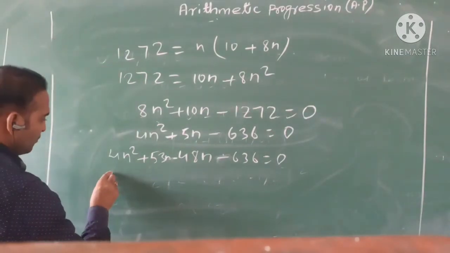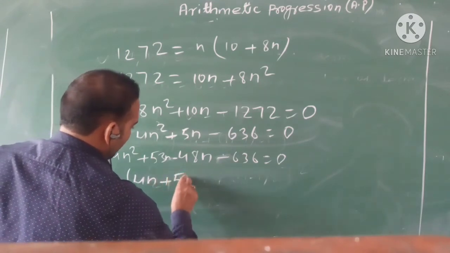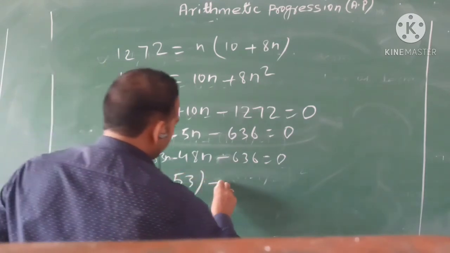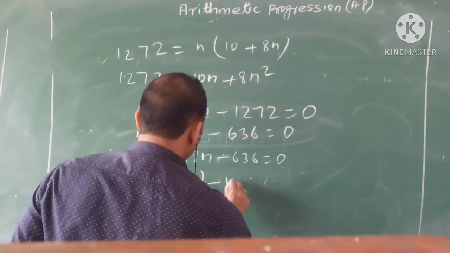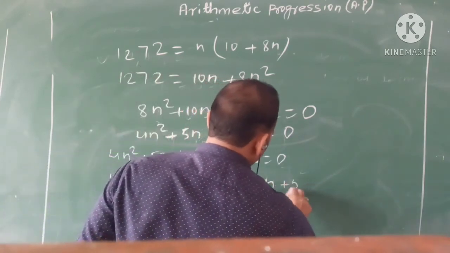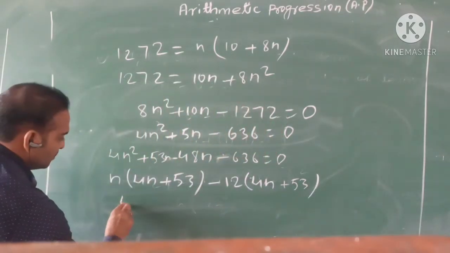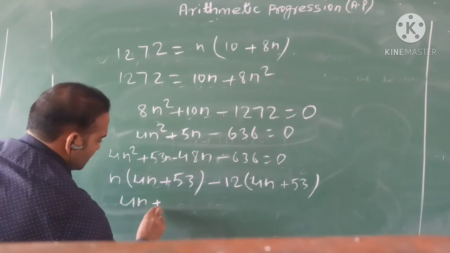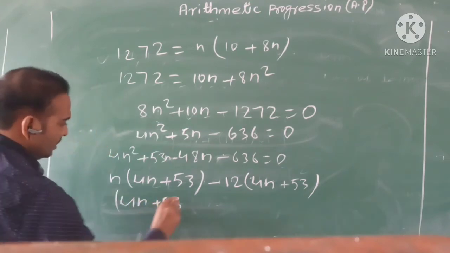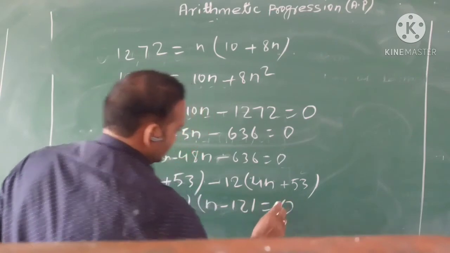Now taking common n, n(4n plus 53), again taking common minus 12, minus 12(4n plus 53). This becomes (4n plus 53) multiplied with (n minus 12) is equal to 0.